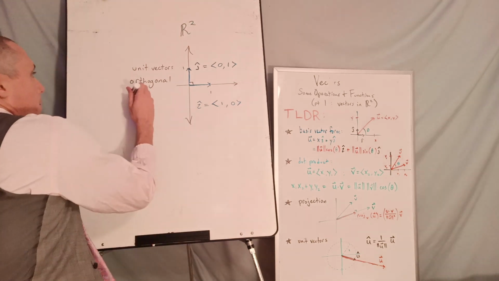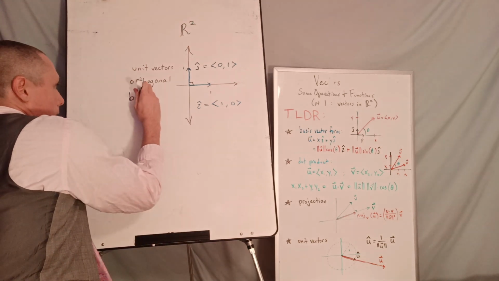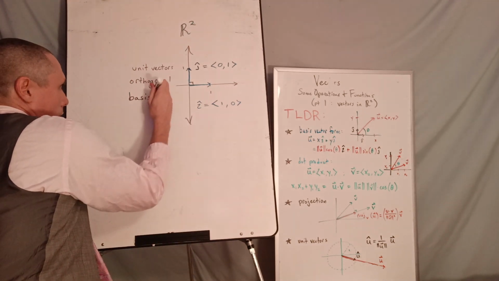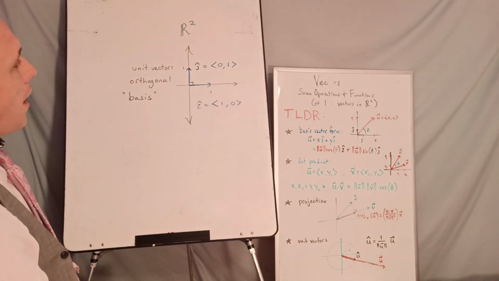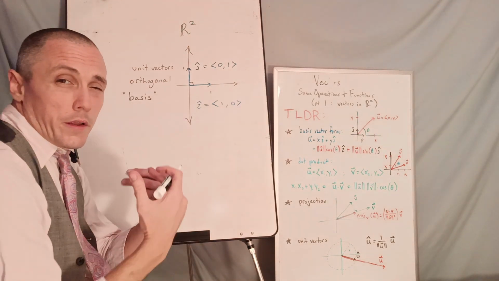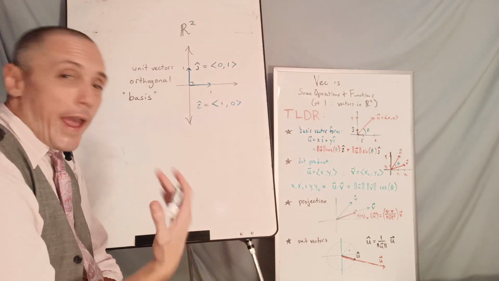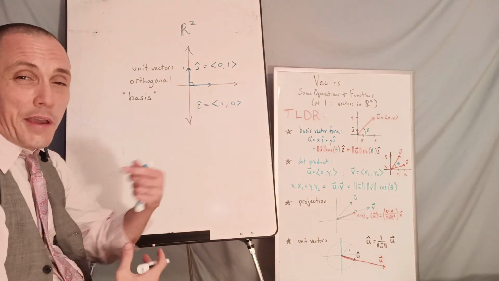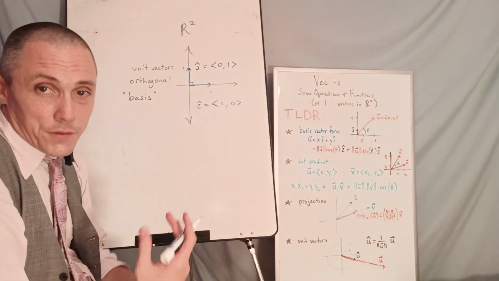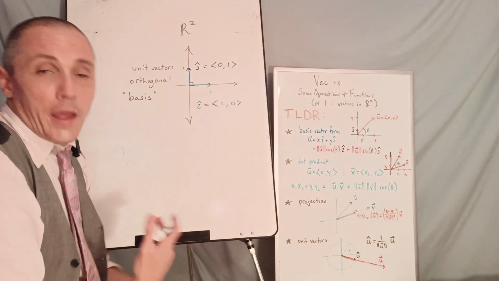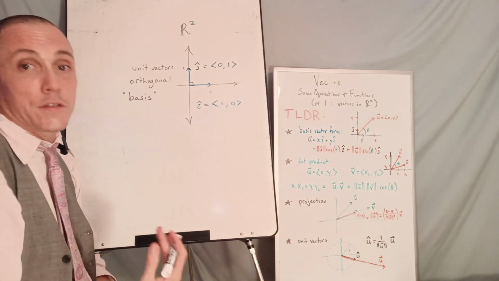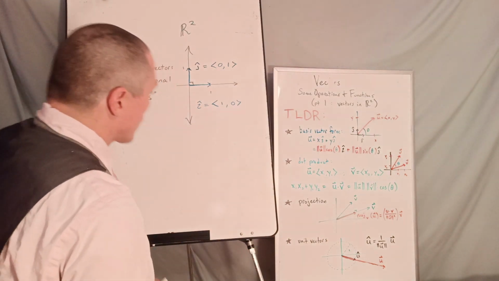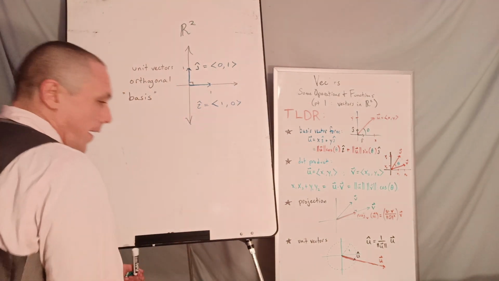Additionally, they are a basis. And we'll talk about what that means. But briefly, it means that any vector in the plane can be written as some kind of scaled sum of these vectors. You scale the vectors, you sum them, and you can write any vector in this form. So let's take a look at that.